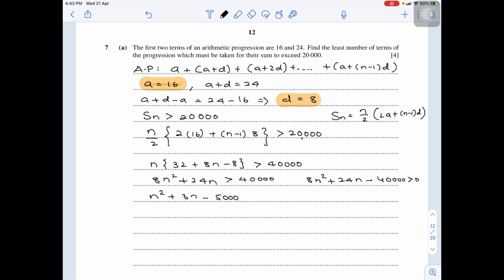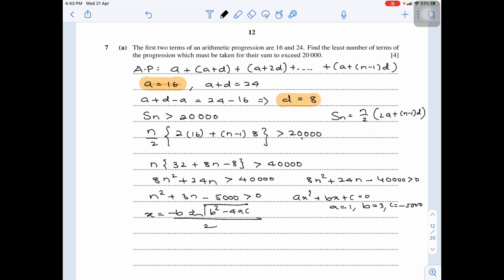So that becomes n squared plus 3n minus 5,000 is more than 0. Using the quadratic formula, we compare with ax squared plus bx plus c equals 0, which gives me a is 1, b is 3, and c is negative 5,000.